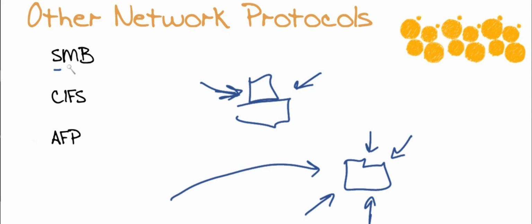Well, it's Server Message Block in a Windows environment that makes this possible. In fact, one version of this is called the Common Internet File System, and the Common Internet File System allows us to get to files and printers in the network.